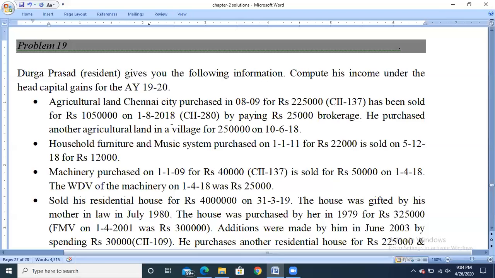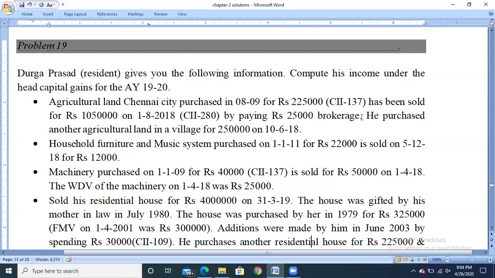on 1/8/2018. CII is 280 for the previous year 2018-19, and he paid rupees 25,000 as brokerage. So this is the realization or transfer expenses. We purchased another agriculture land in a village for rupees 2,50,000 on 10/6/2018.